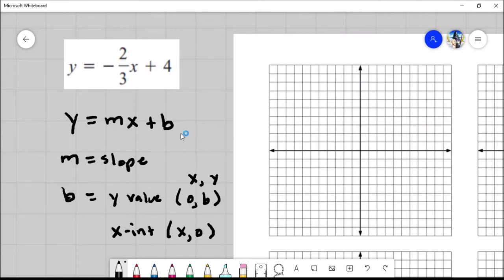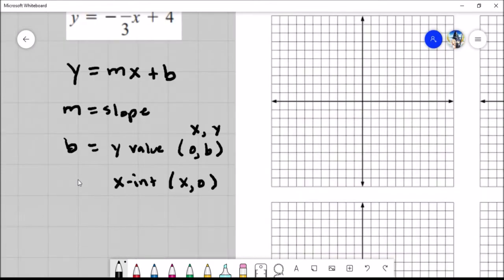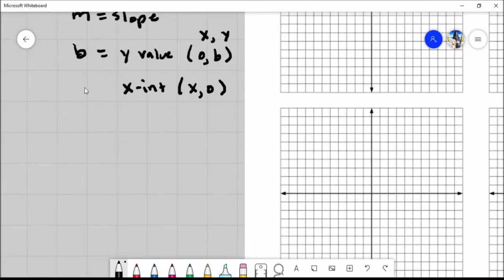We're going to use that information to plug into the linear equation y equals negative 2/3 x plus 4. In doing so, we get y equals negative 2/3, plug in the 0 for the x, plus 4, and evaluate.